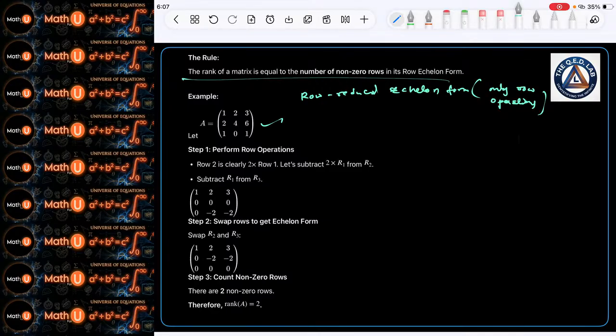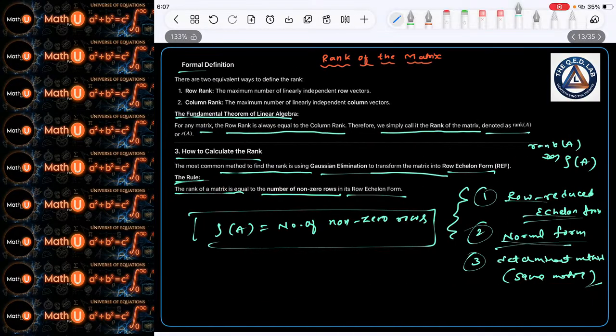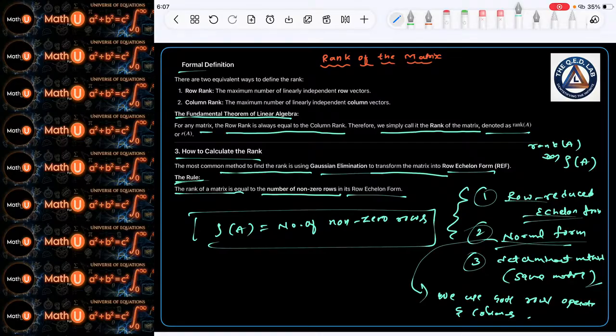But in the normal form method we use both row operations and column operations. You can remember this one.